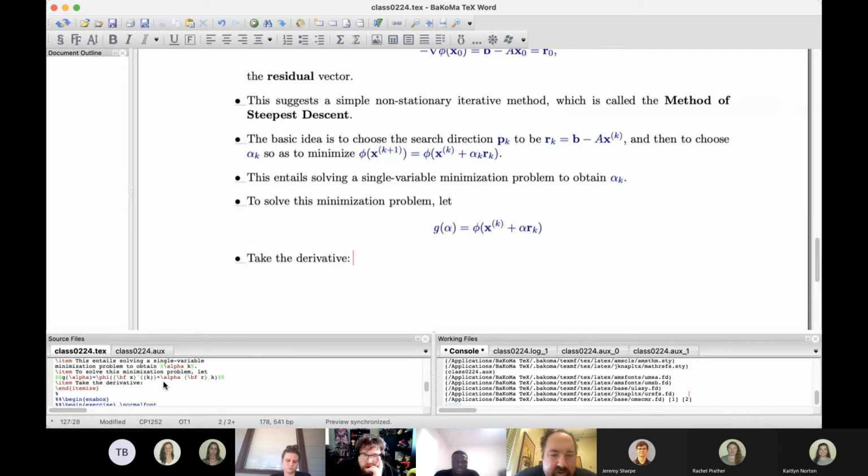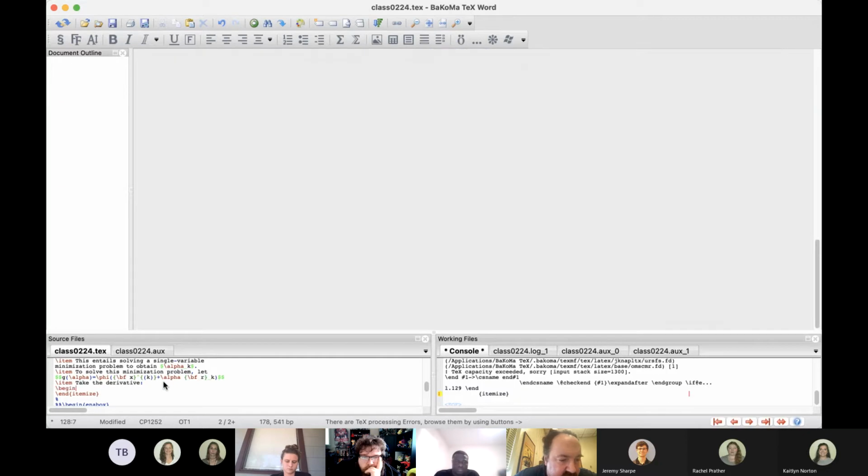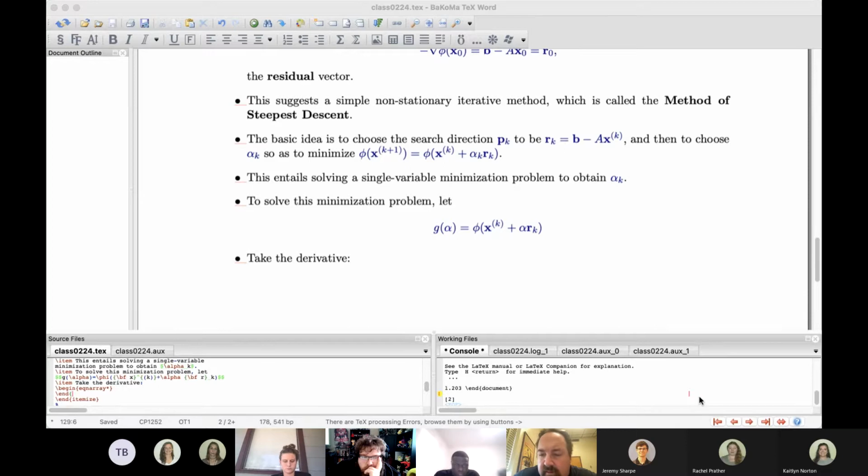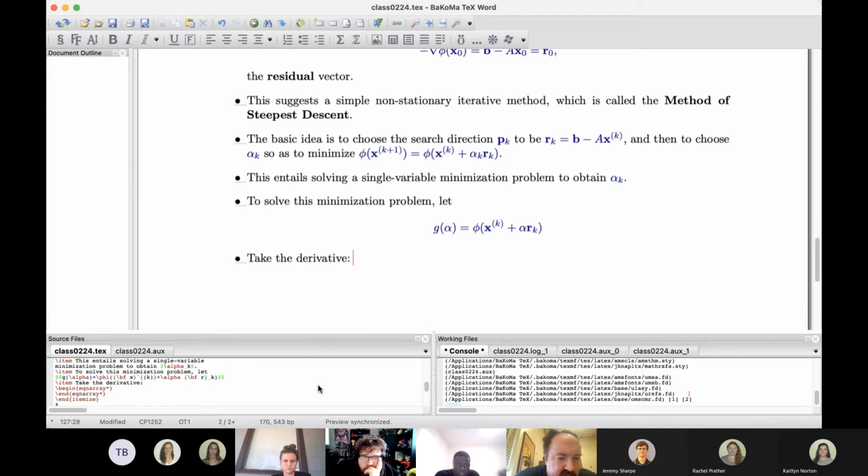All right. So g prime of alpha. That's going to be equal to, I can use a chain rule here, because here we have a function phi of n variables, but what's plugged in here is a function of one variable.